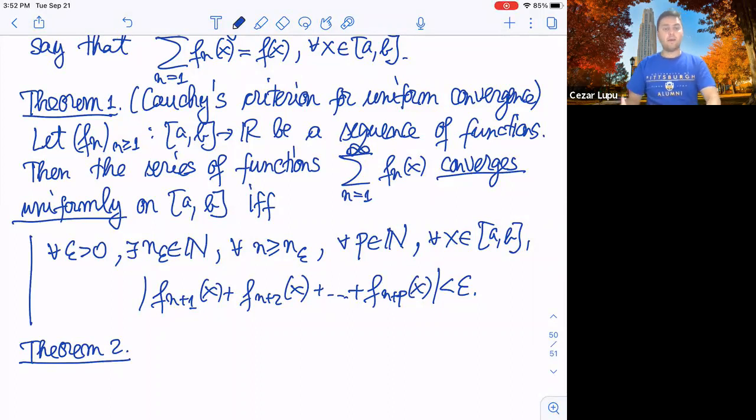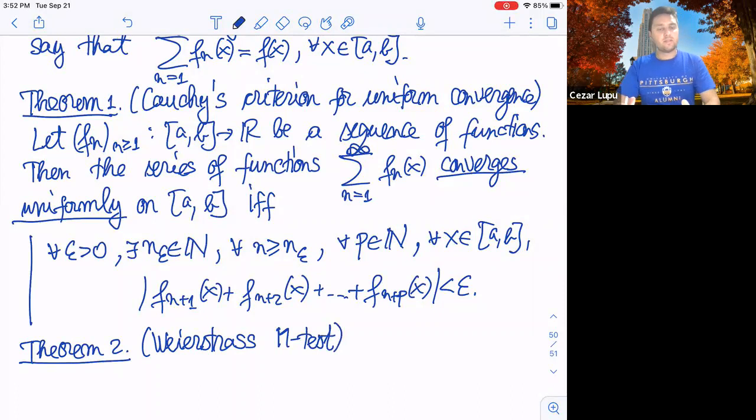Anyway, this is the Weierstrass M test. There will be a relationship between the series of functions and the series of real numbers. You will see that one of them will dominate the other. In a certain sense, it's somewhat like dominated convergence.